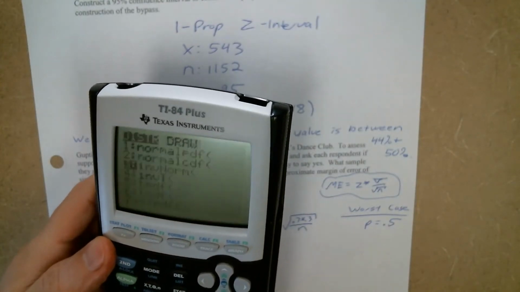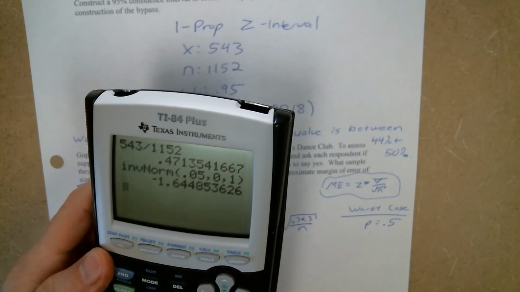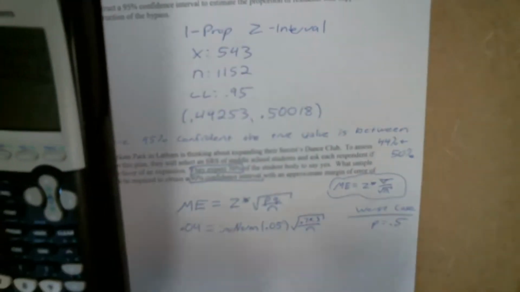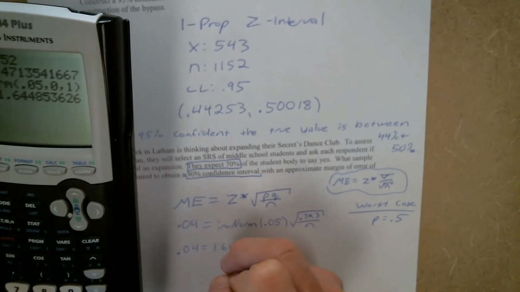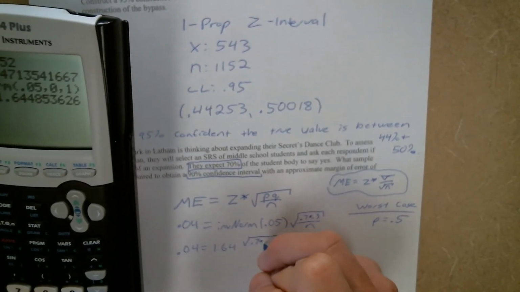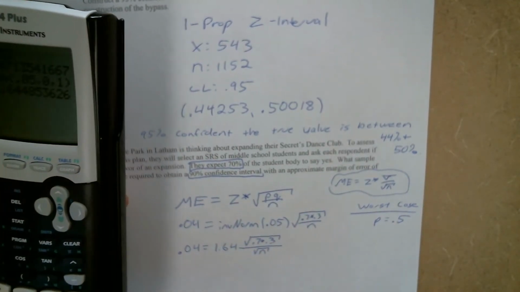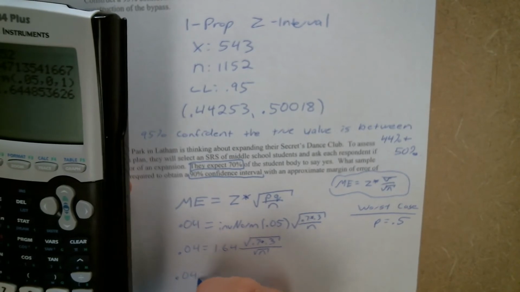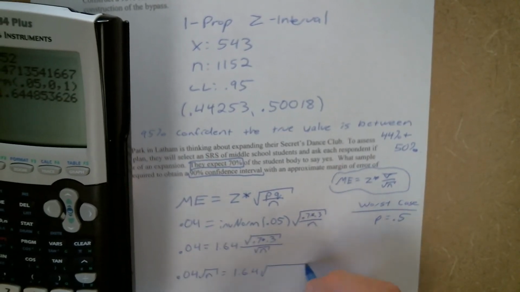So inverse norm of 0.05 gives us negative 1.64, but we ignore the negative, so we've got 1.64 times the square root of 0.7 times 0.3 over the square root of n. Multiply both sides by the square root of n. And you've got this right here.